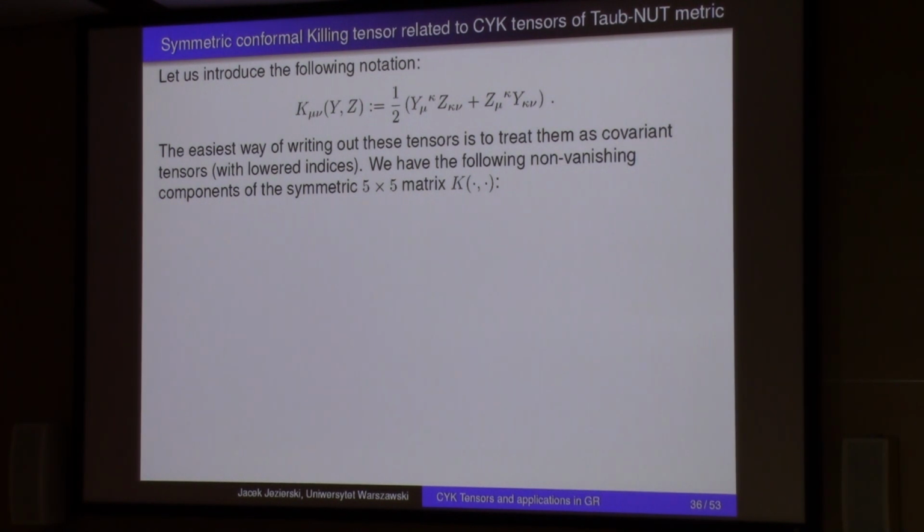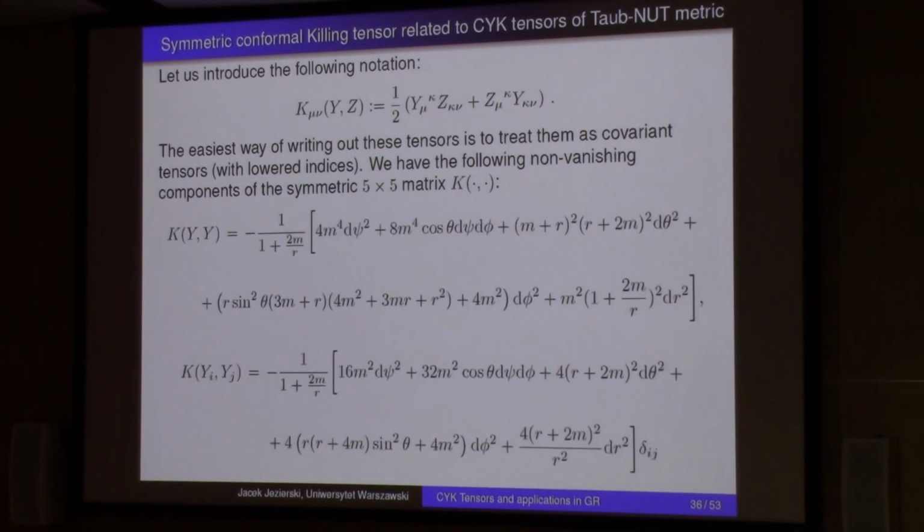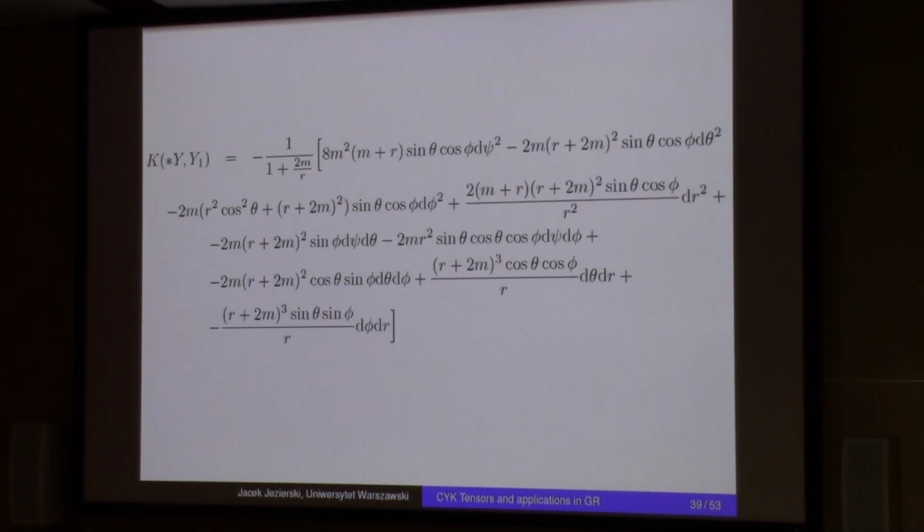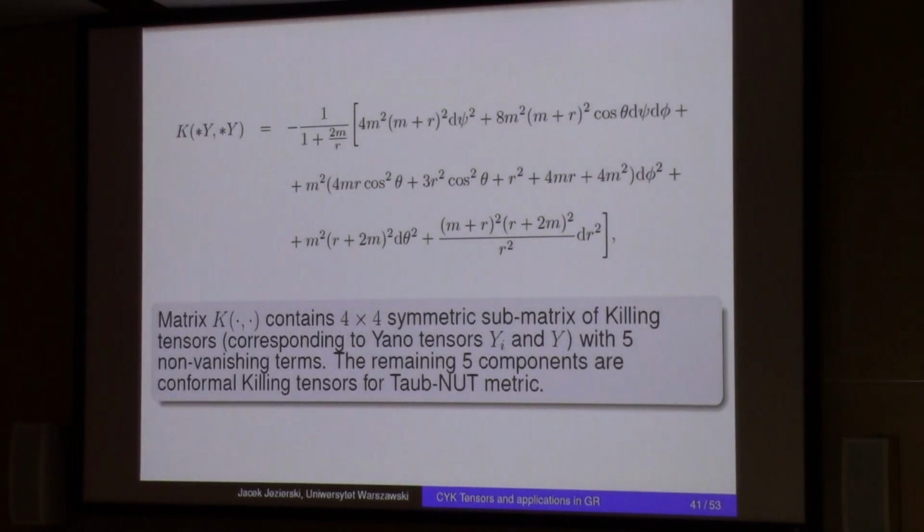And then for this Taub-NUT, you can produce more general symmetric tensors, which are products of 2 different ones, and then you have 5 of them, so you have a 5 by 5 matrix of such tensors, and then you have several components which are non-vanishing, you see. At the end you have 10 of them.